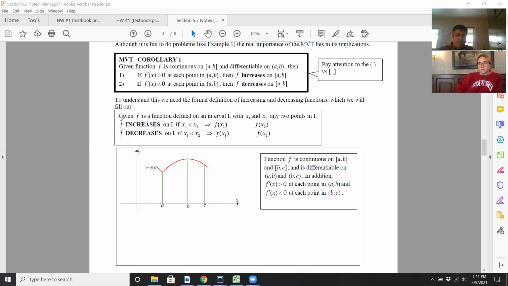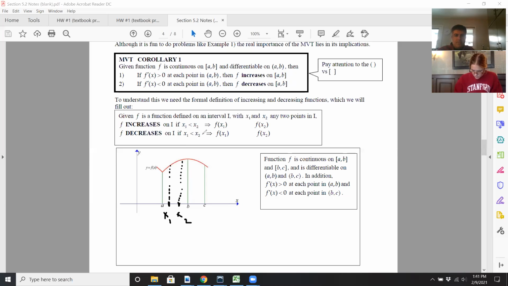But looking over here, given f is a function defined on an interval I, x1 and x2 are points on I. So say, for example, I call this x1, and say I call this x2. Clearly the y value at x2 is bigger than the y value at x1.